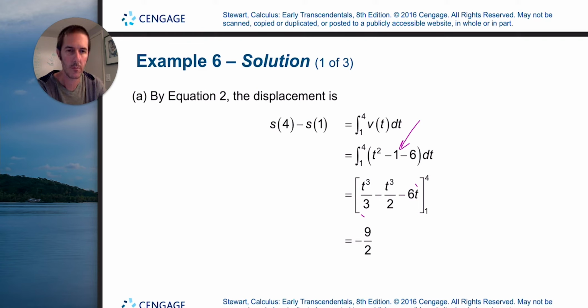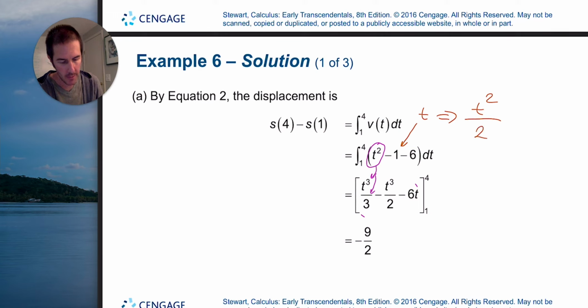Oh boy. There's another issue here. When we integrate t squared, increase the exponent by 1 and divide by the new exponent. This, however, this 1, which should say t, or it should say minus t instead of minus 1, when you integrate t, you should get t to the second power divided by the new exponent.